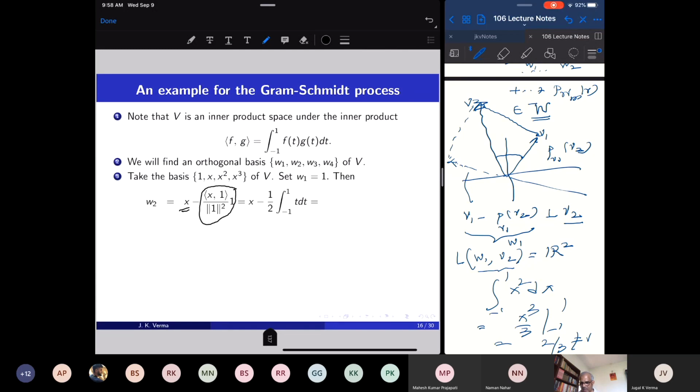We know by general principle that this vector is going to be perpendicular to 1. So simply substitute the definition of the inner product of x with 1. It is the integral from -1 to 1 of x times 1, which becomes t, and this is equal to just x. Because 1 and x are mutually perpendicular, the second vector has come out as x itself.